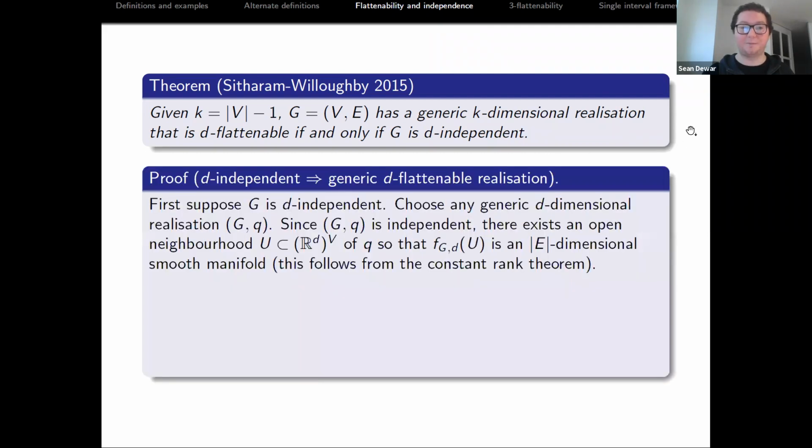Okay. So we want to show that this is equal to this. First, we're going to suppose that the graph is d-independent, and choose any generic d-dimensional realization GQ.